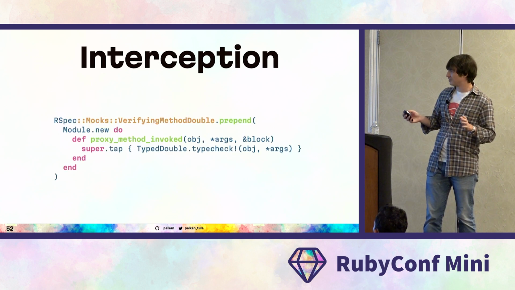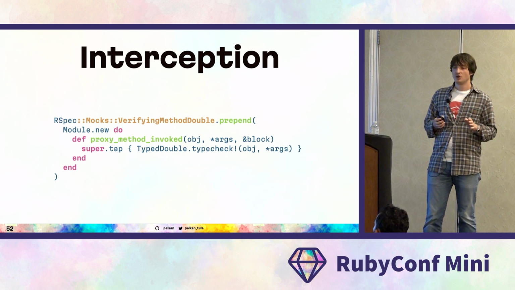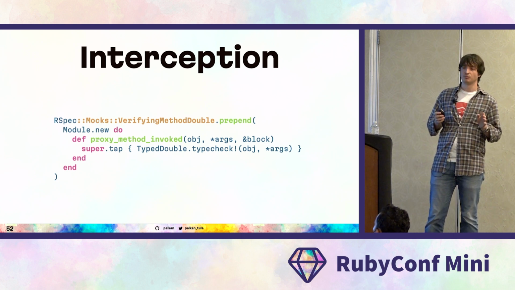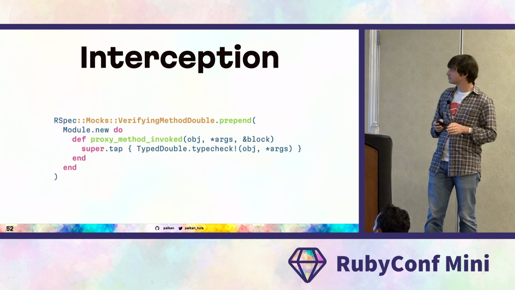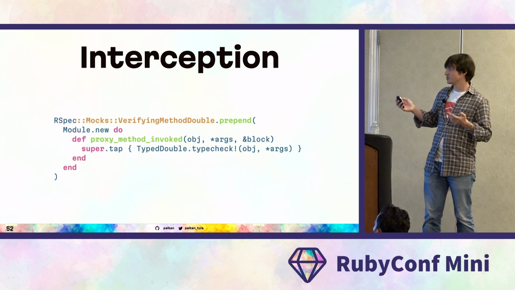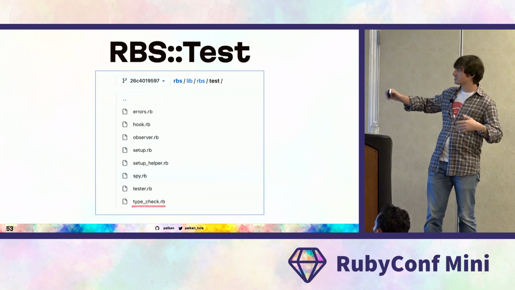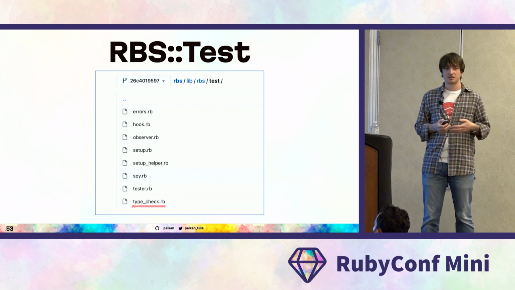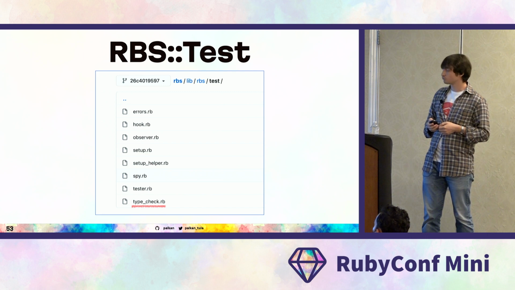A very simplified version of it would be just this patch. Luckily, RSpec has a single entry point for intercepting proxy calls. So we can just intercept them and type check. And with RBS, we even have type check functionality under the test namespace, which is used for runtime testing, which I used in my example.